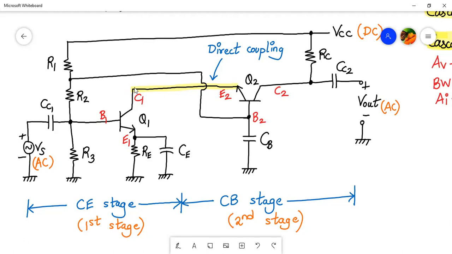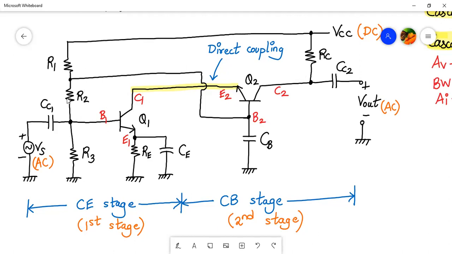As you can see, the first stage output is collector 1 and the second stage input is emitter 1. So over here, there is no RC element present, direct connection is there. That's why it is called direct coupling. But in case of direct coupling, the first stage Q point might disturb the second stage Q point. I think not might, it will disturb the second stage Q point, right?